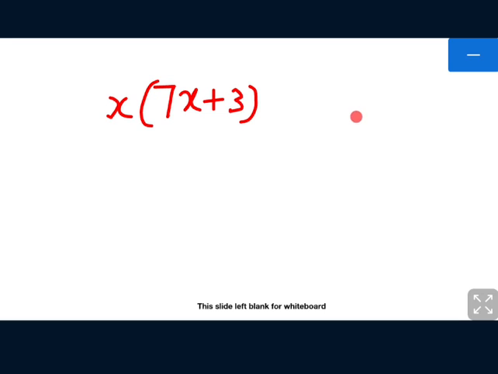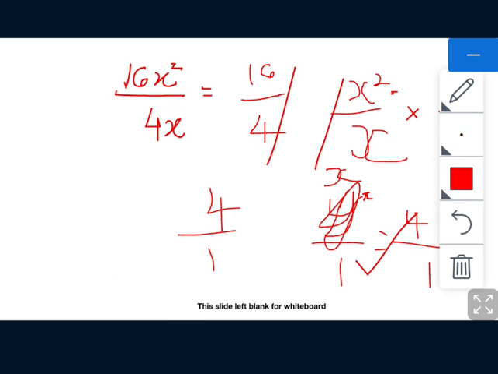So you have to multiply every term that is inside with the term outside. So 7x multiplied by x. What is 7x multiplied by x? 7x squared. Is that clear? We have just done this one.